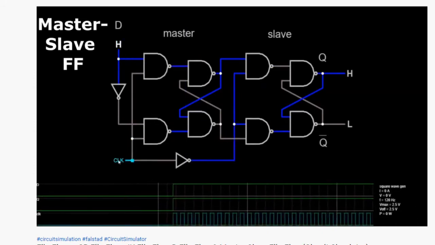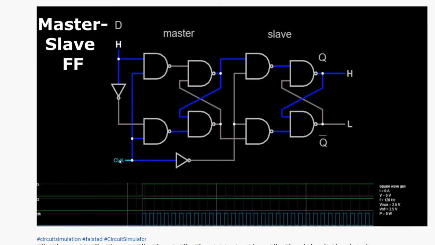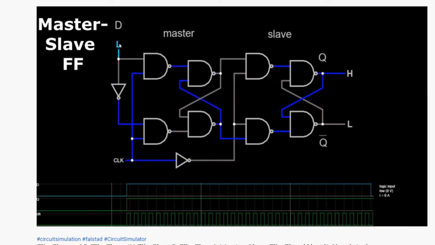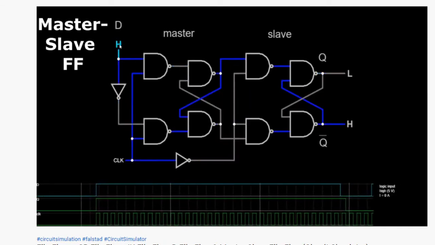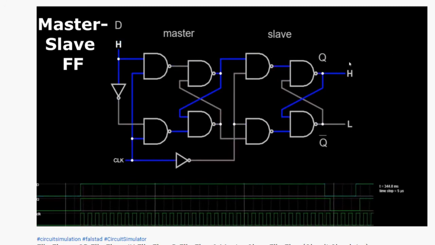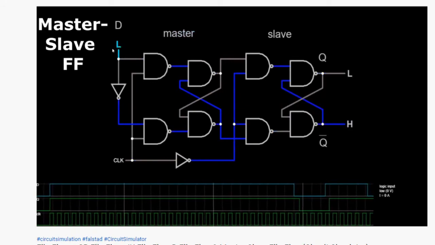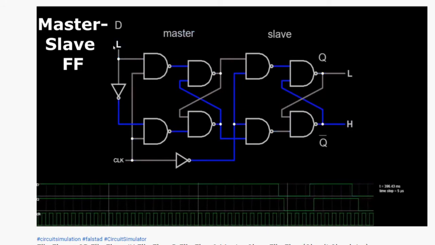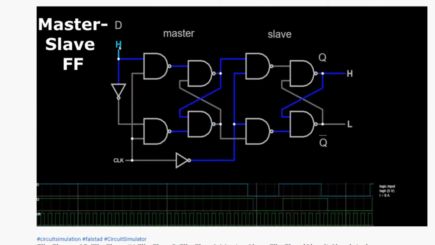Your input is high, the clock is toggling state, and the output is high. When the input is low and the clock changes state, the output follows. Now again it's made high, the output goes high. I flip it again to low. You can see the logic circuit realized with NOT gates and NAND gates.